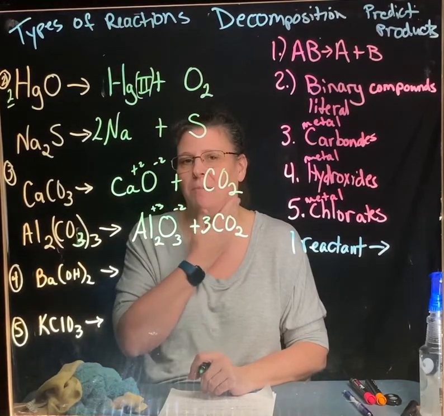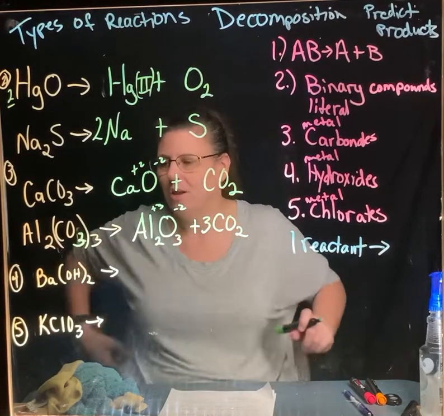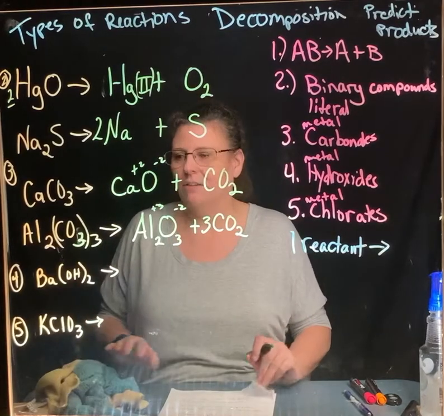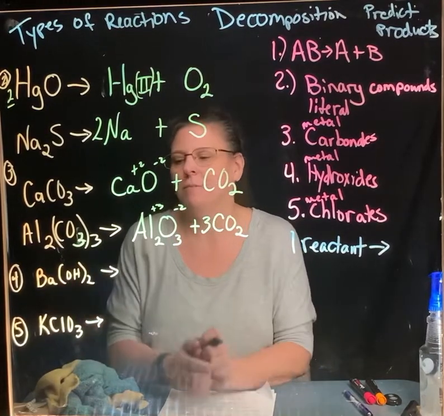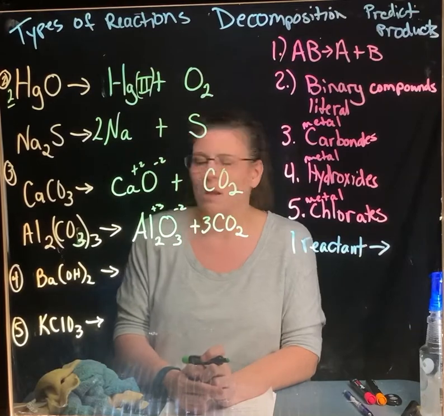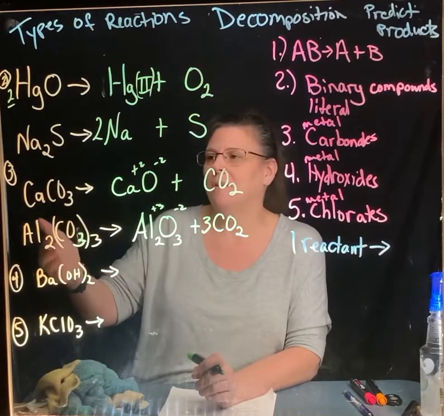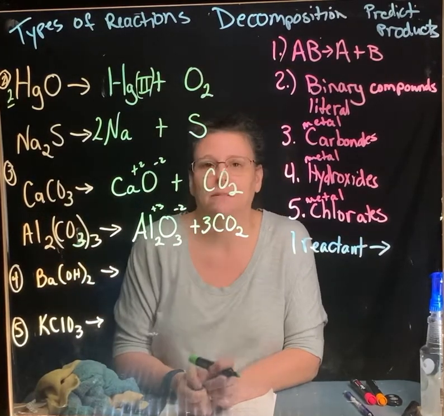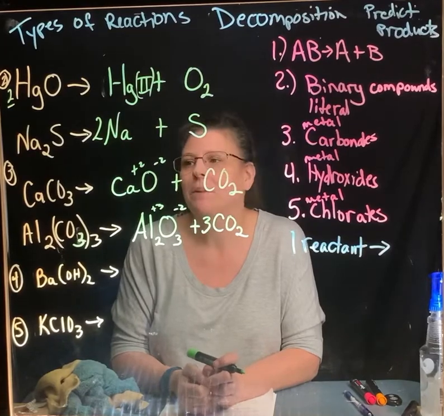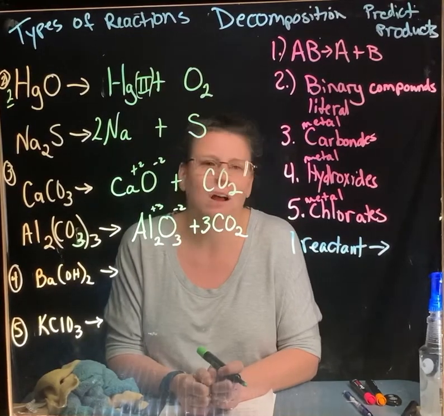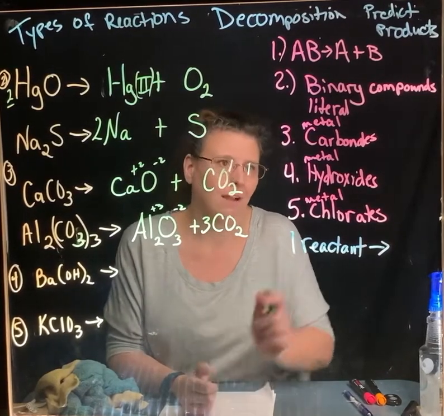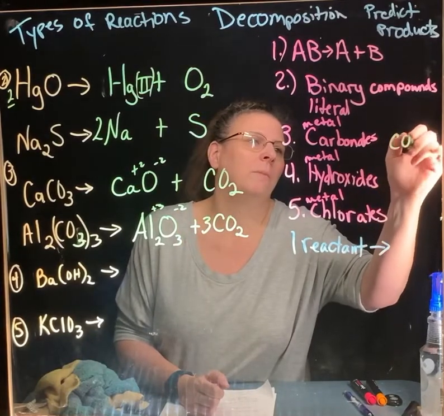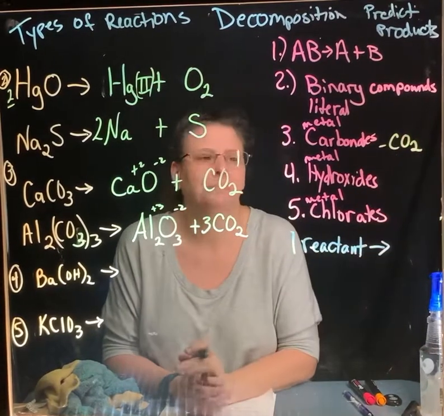We need to do a lot more balancing because it's coming up real soon, and we'll have to do a lot of it. So please keep balancing. Make sure you have a balanced equation. All right, so that is your carbonates. If you have a metal carbonate, it's going to break down into a metal oxide and carbon dioxide. So just remember CO2.